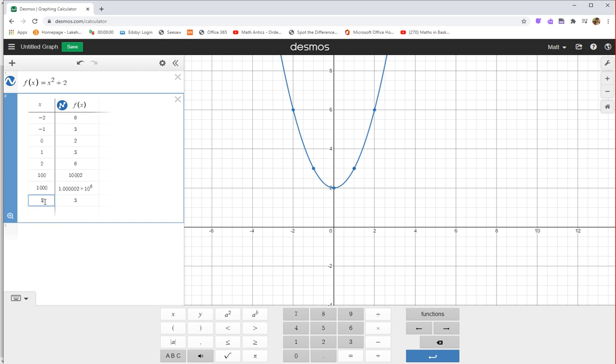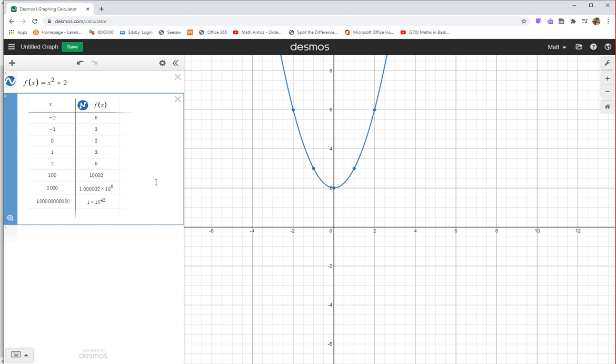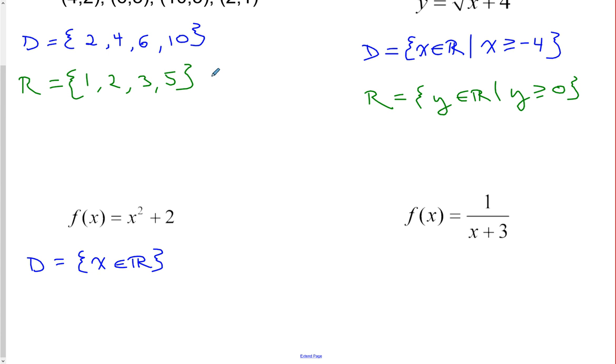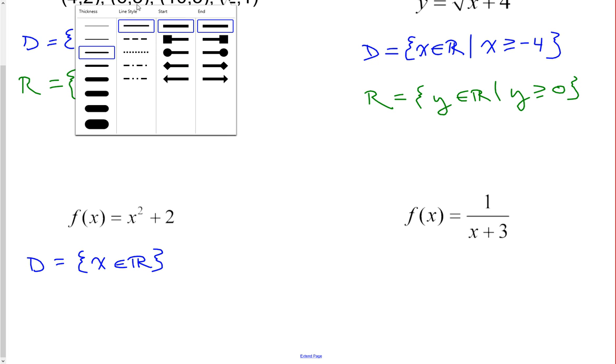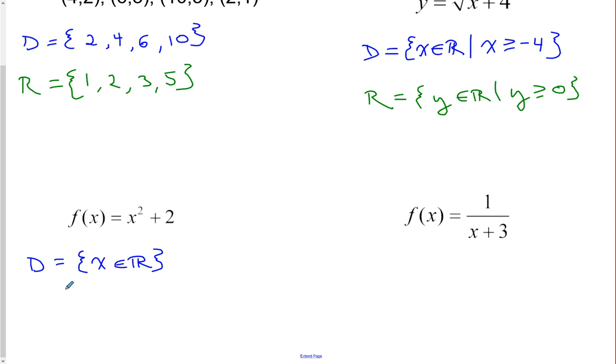I can put in whatever number and I get an output. So any x value is good to go. Y values, not true. I've got nothing below +2 on the y-axis. So for any quadratic, for domain, it's really easy. It can be anything.